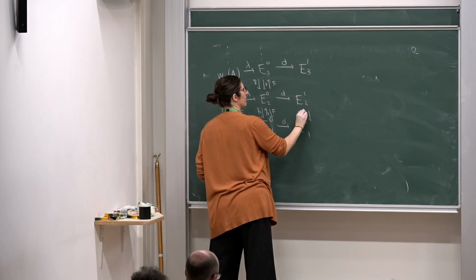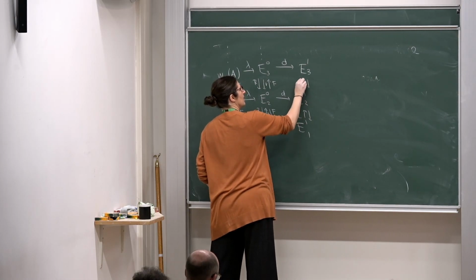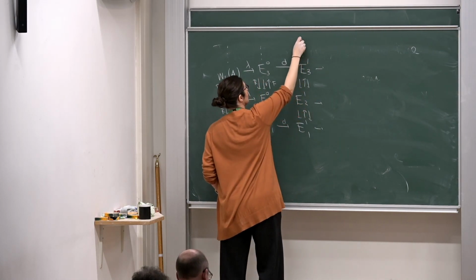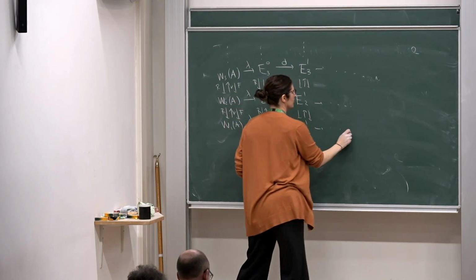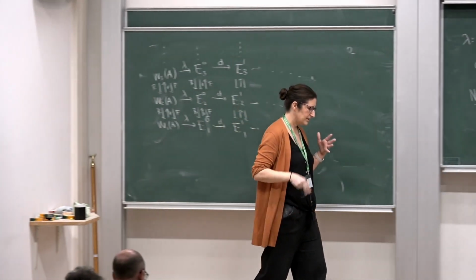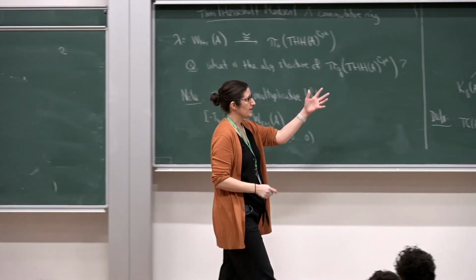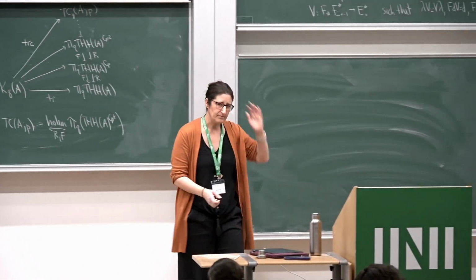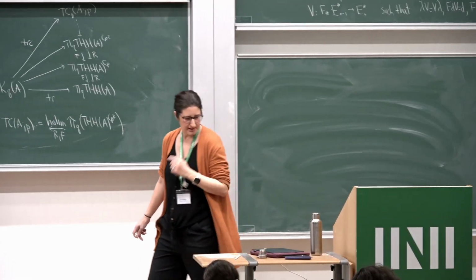And then again, I have my operators there, etc. Oops. So we've got things going off in all of these directions. But this is the data of a Witt complex, all this algebraic data, and these relations between them. And so what was Hesselholt and Madsen's theorem?